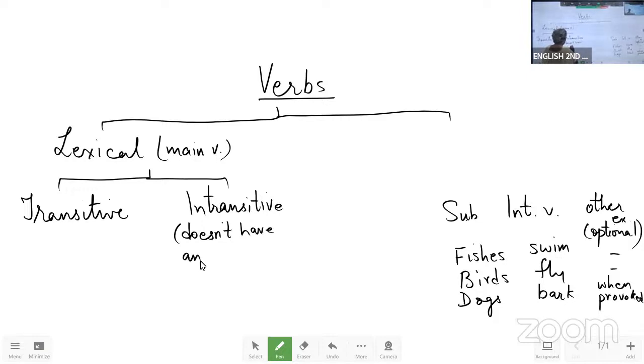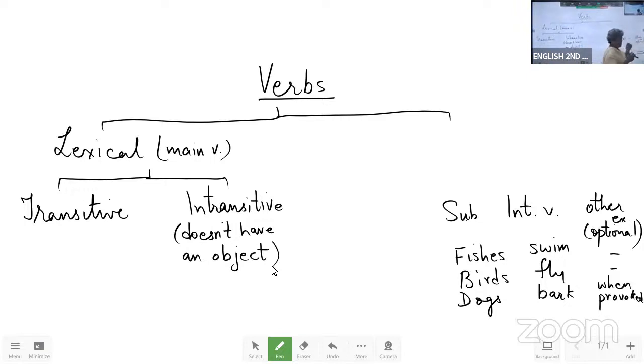So in verb pattern, intransitive sentences you come across, and that's why it is very essential for you to know the verbs. So you have understood what an intransitive sentence is. Like here he says optional.